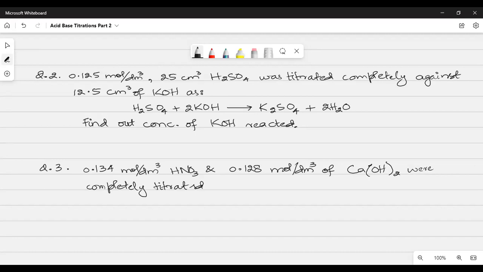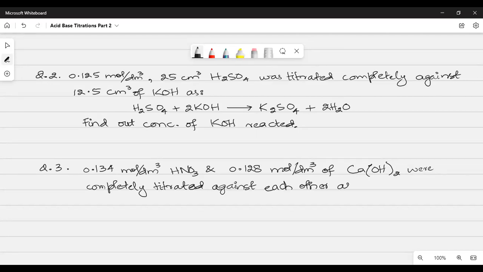So 0.134 mole per decimeter cube HNO3 and 0.128 mole per decimeter cube of Ca(OH)2, commonly known as lime water, but the correct name would be calcium hydroxide, were completely titrated against each other.